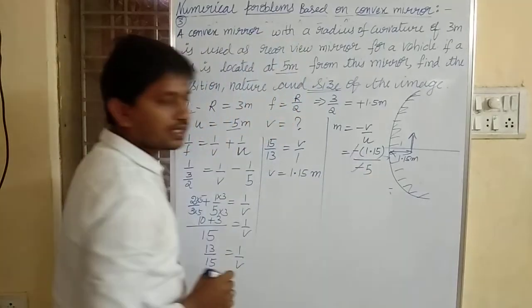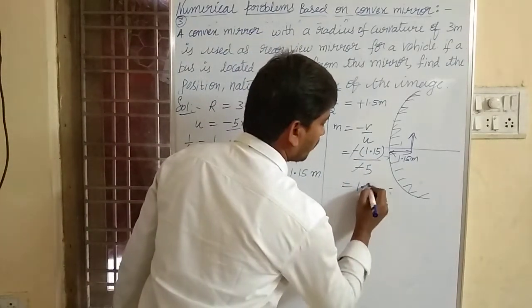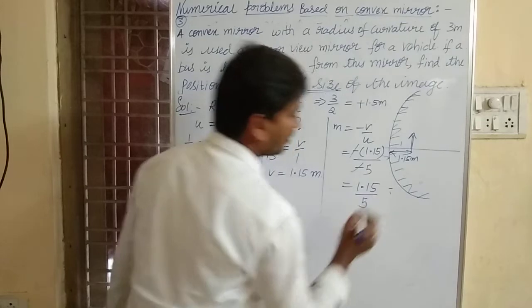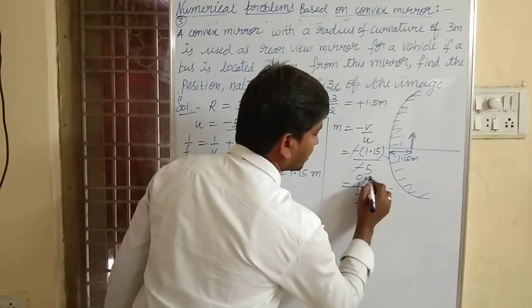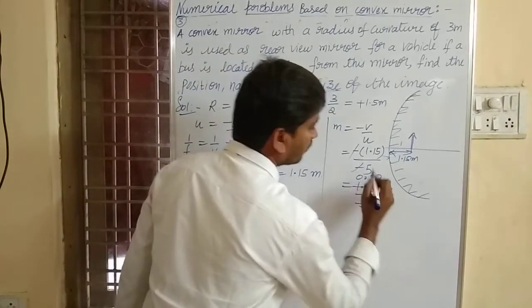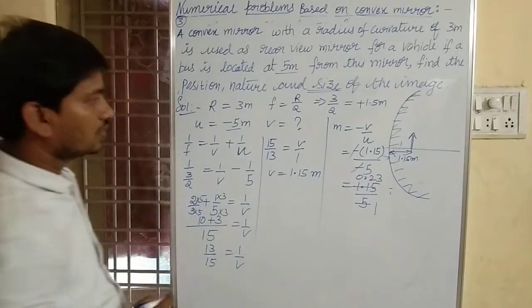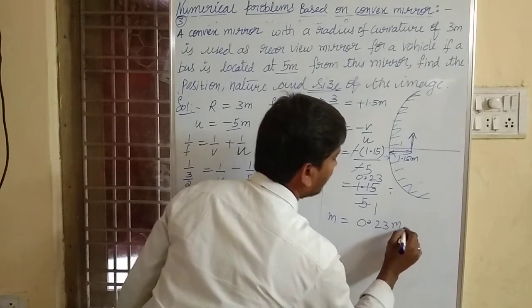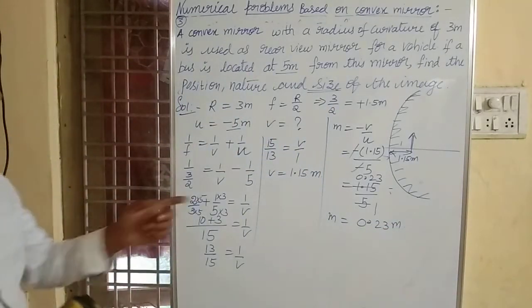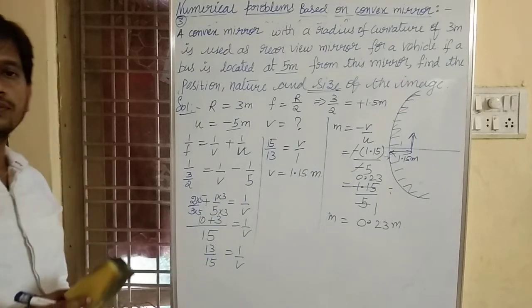Minus minus gets cancelled, so that is equal to 1.15 divided by 5. So magnification M is 0.23.